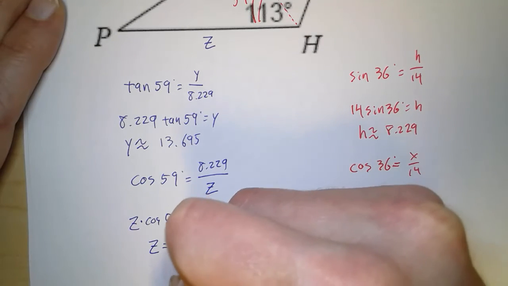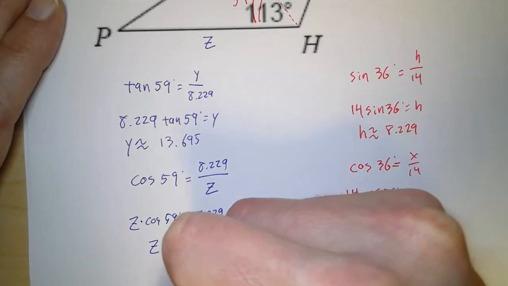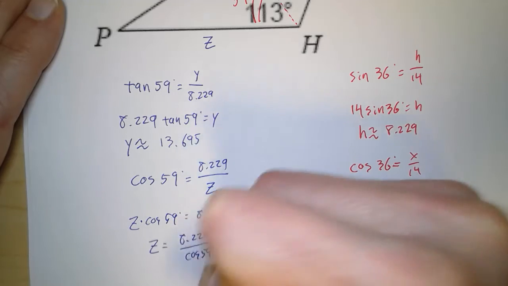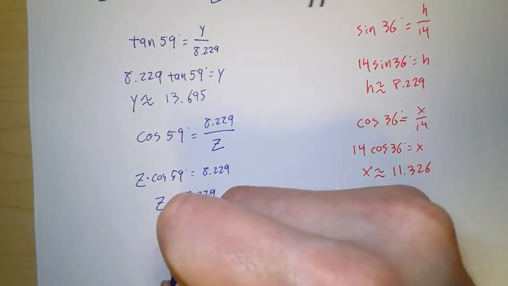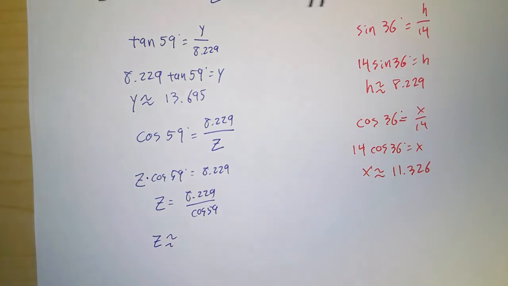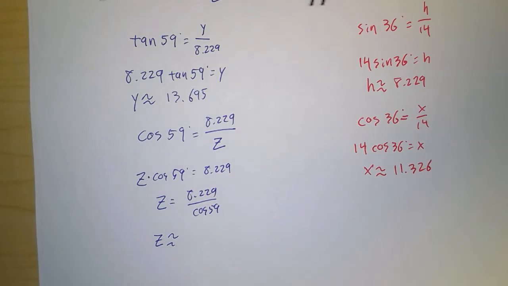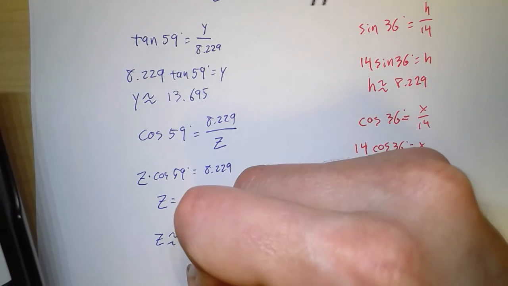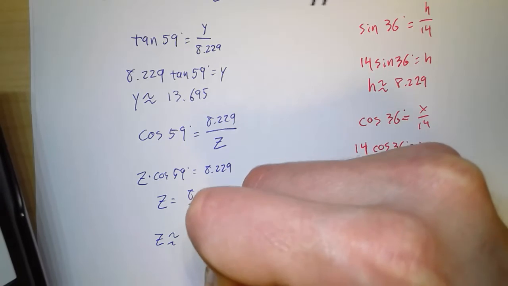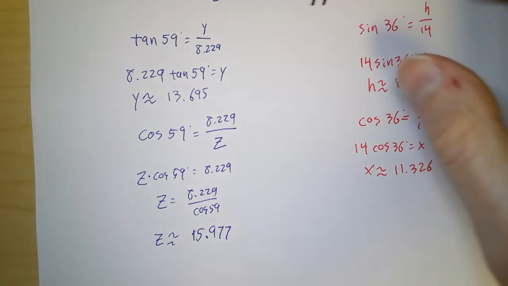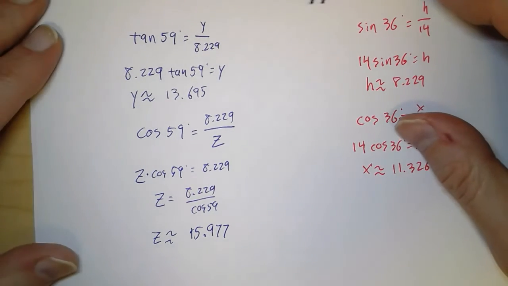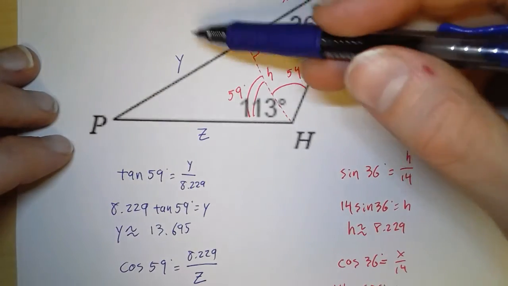So we get 8.229 over cosine of 59. And so as an approximate value, that's going to be 15.977. All right. So we've found x, y, and z.